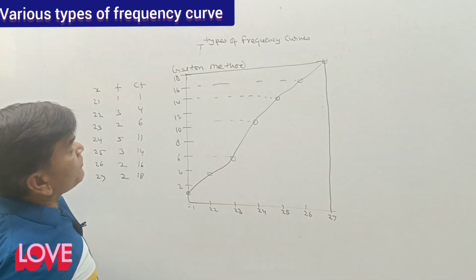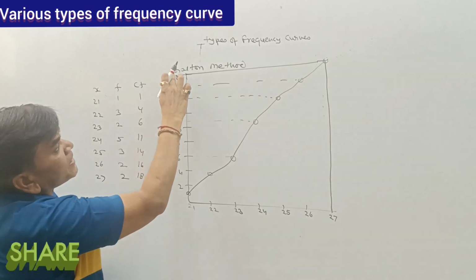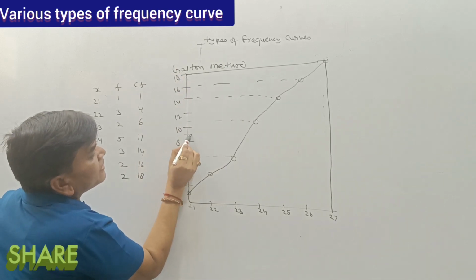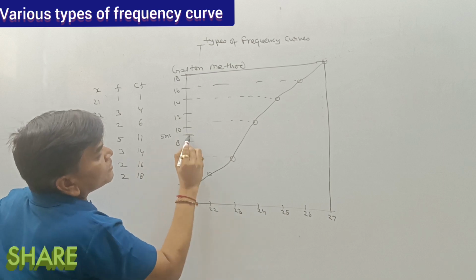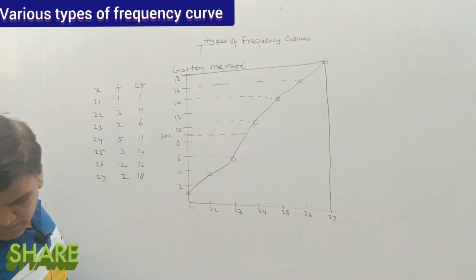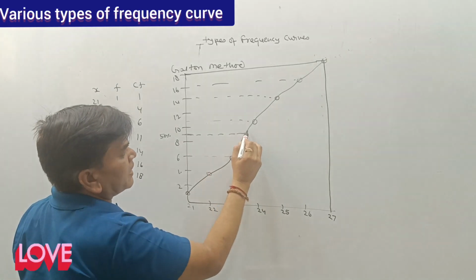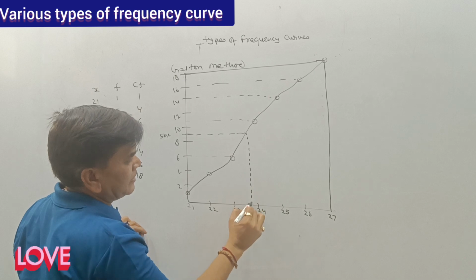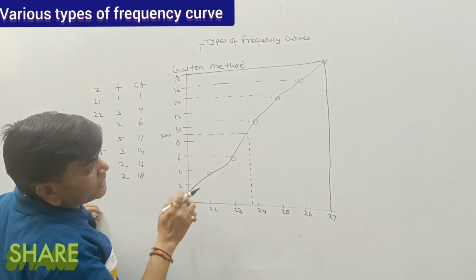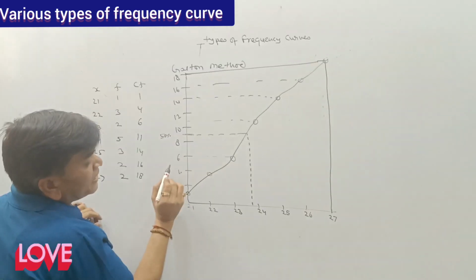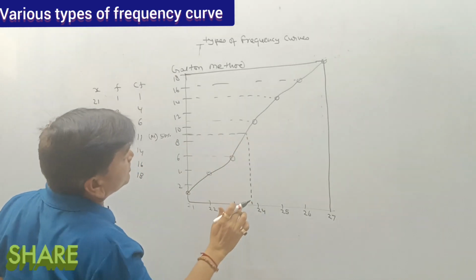Now to calculate the value of median, 50% of the data is 9. At 9 the median value will be like this. So with Galton, firstly we have the ogive curve, then to calculate the median we take 50% of the frequency.